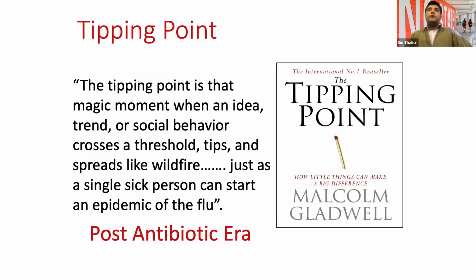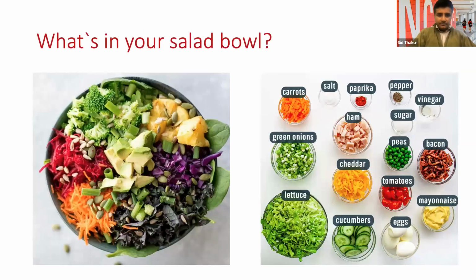I think the other thing we all have to keep in mind, and I give the example of what's in a salad bowl, is the globalization aspect. You may consume a salad without paying attention to where the ingredients are coming from. And I think it's very important to keep that in mind. You must have heard about the Wendy's salad outbreak, the tomato salmonella, the spinach outbreak.